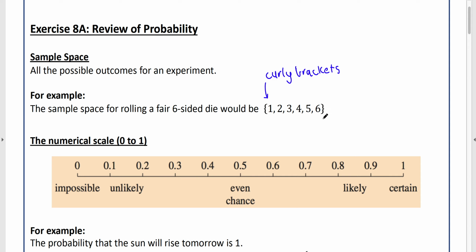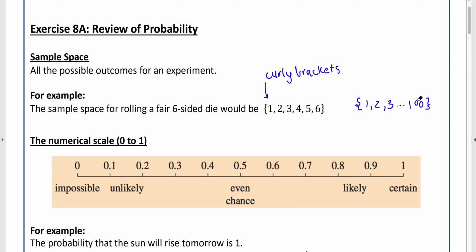If you've got lots and lots of numbers, sometimes you can just use little dots in between. So for example, if I wanted the numbers 1 to 100, I might just go 1, 2, 3, dot, dot, dot, 100, so you don't have to list every single one.